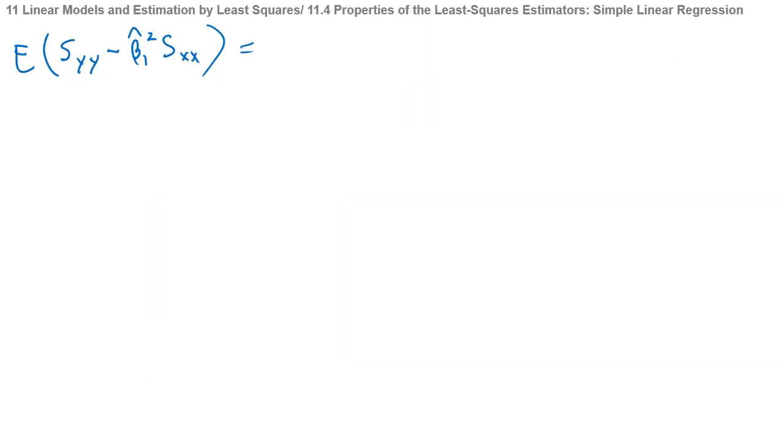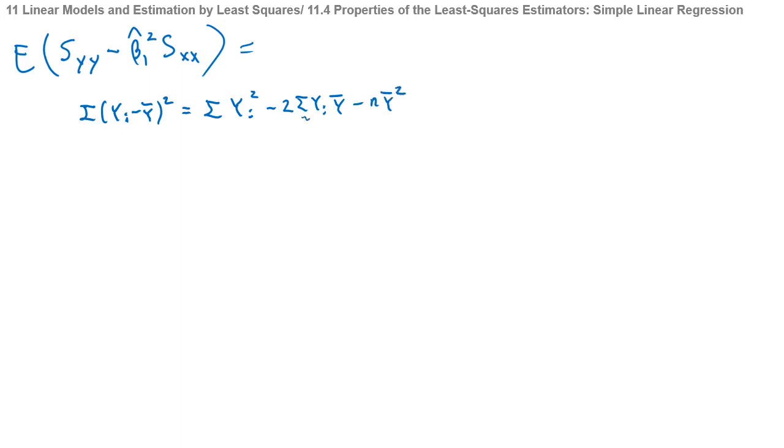From this notation, SYY, the sum of yi minus y bar squared, can be written as the sum of yi squared minus 2 times the sum of yi y bar plus n y bar squared.